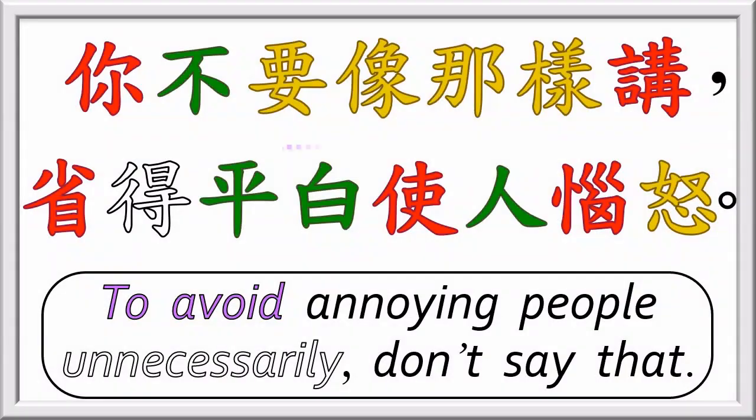We long ago learned that the color white, bai, also means blank or empty. When paired with ping, the meaning flatness, we obtain the phrase ping bai, describing something happening out of the blue and completely unprovoked, without reason or cause. 你不要像那样讲，省得平白使人恼怒。To avoid annoying people unnecessarily, don't say that.